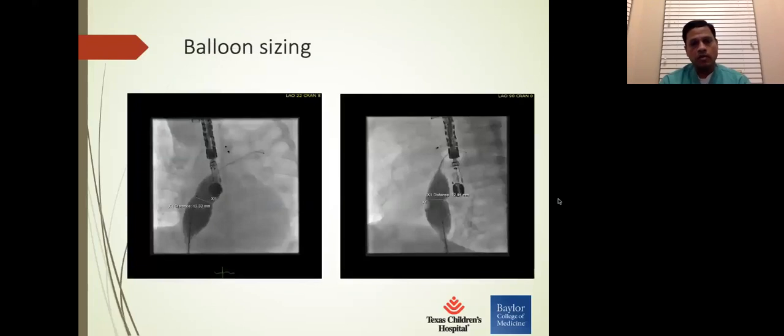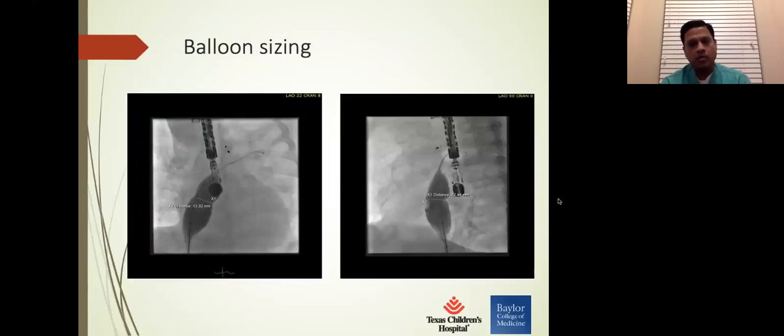And then the balloon sizing is the next part. Once you cross the ASD, put the wire in the left upper pulmonary vein and left lower pulmonary vein, you pass the sizing balloon. You inflate the balloon till there is obliteration of shunt by echocardiography, and then you deflate the balloon very slightly till the shunt reappears, or barely there is shunt, and then you reinflate again very slightly to completely get rid of the shunt.